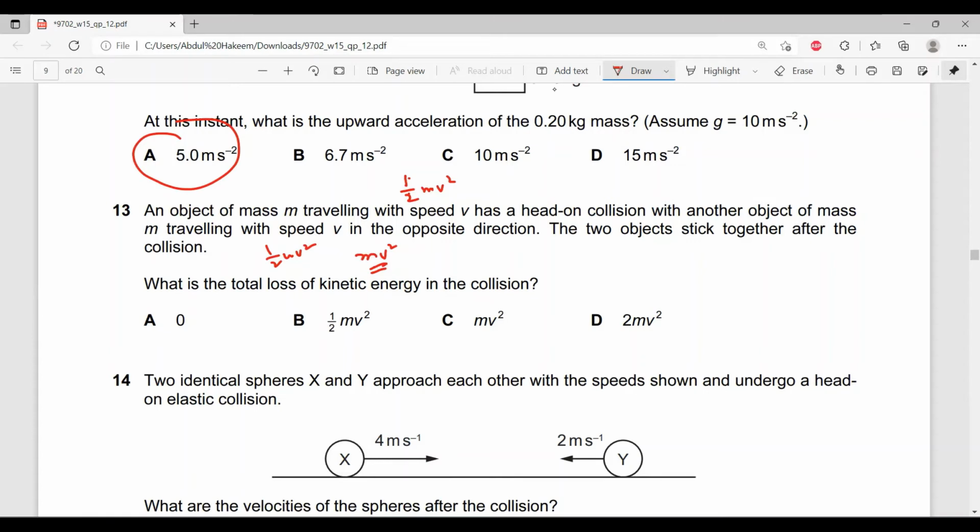So look, formula is m1u1 plus m2u2 is equal to m1v1 plus m2v2. So initially this is mv, and the other object is moving in the opposite direction, so minus mv.